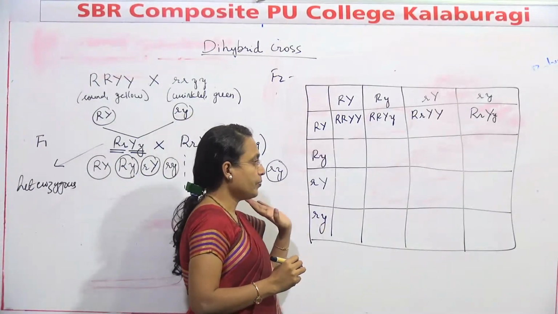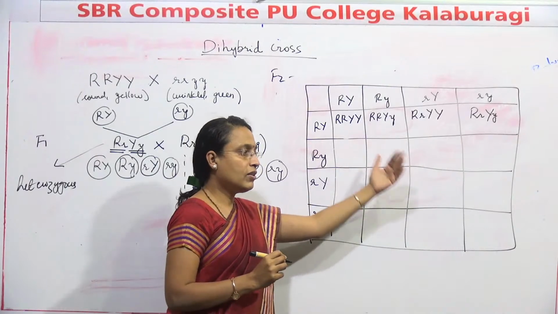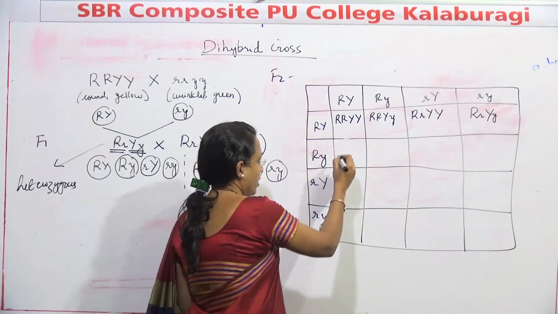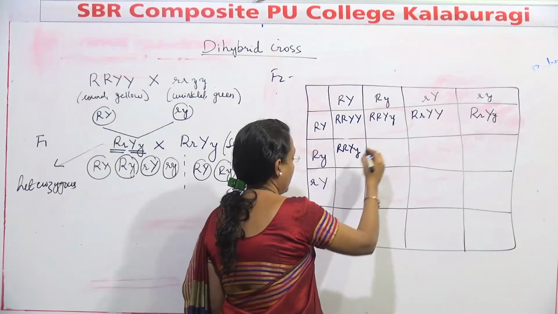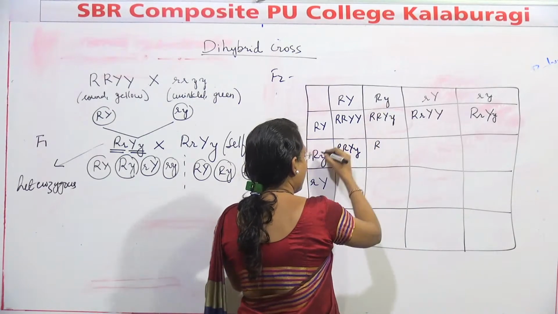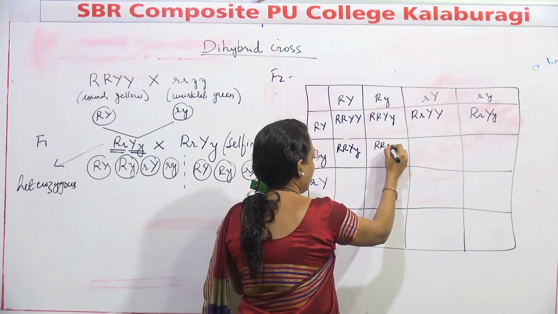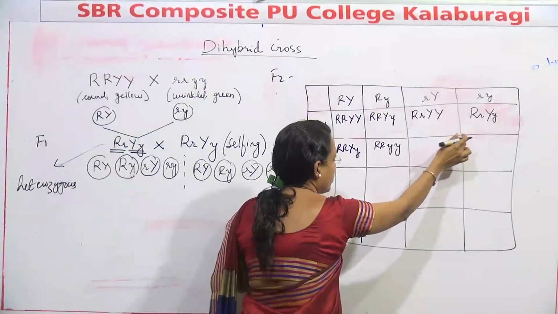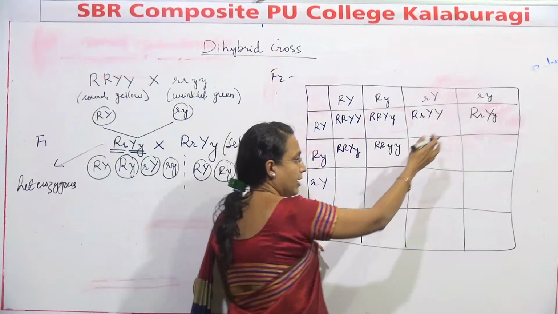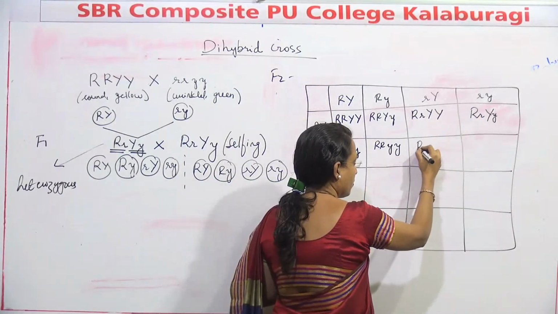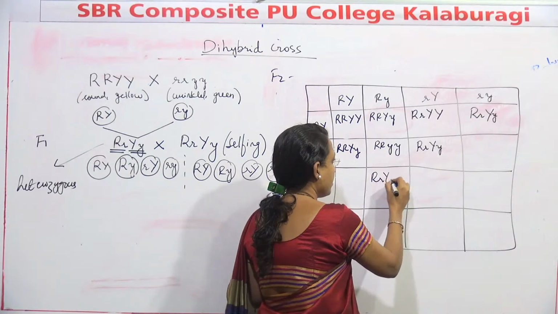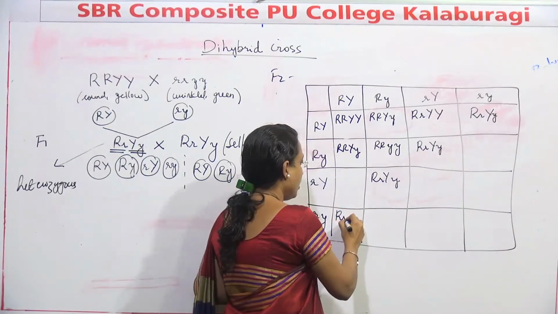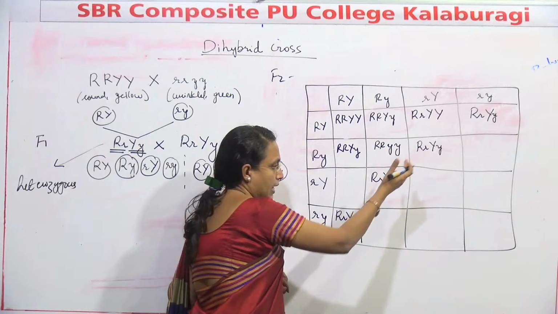So here, further, all the offsprings have to be written, combining the gametes and writing the offsprings. I told you the diagonal will be similar, so you can write it directly. Diagonals will be heterozygote in all these cells. So directly I am writing.